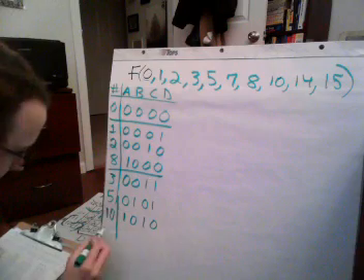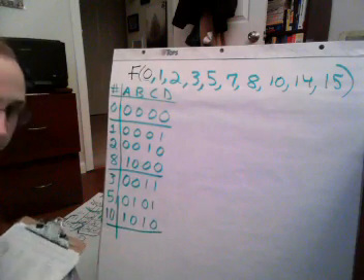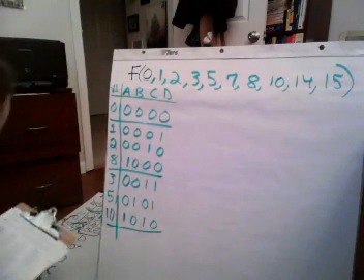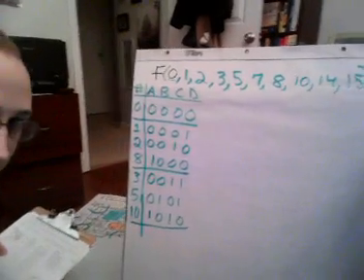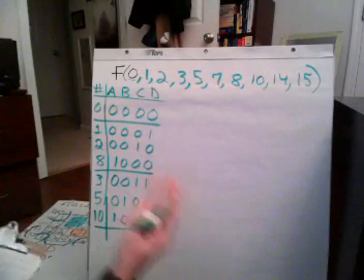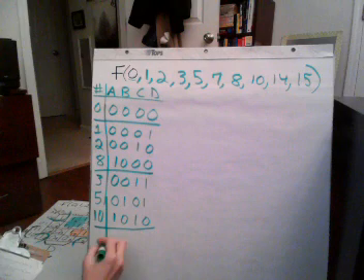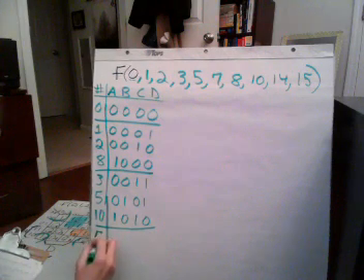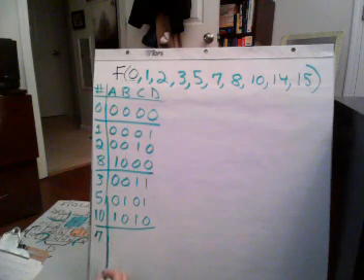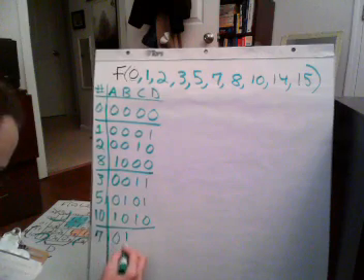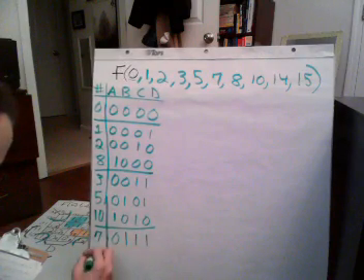Mark a line. Let's do the values that have three 1s in them. We have 7 and we have 14.